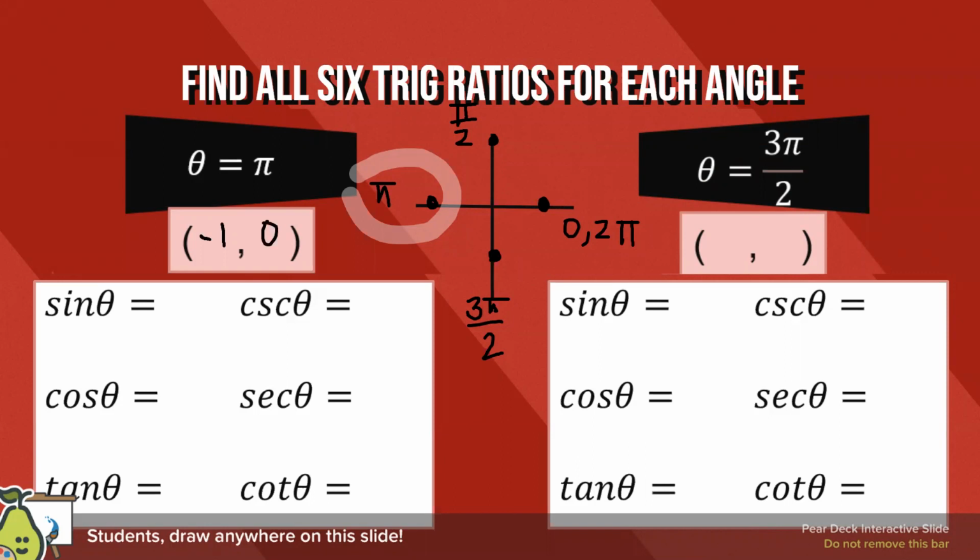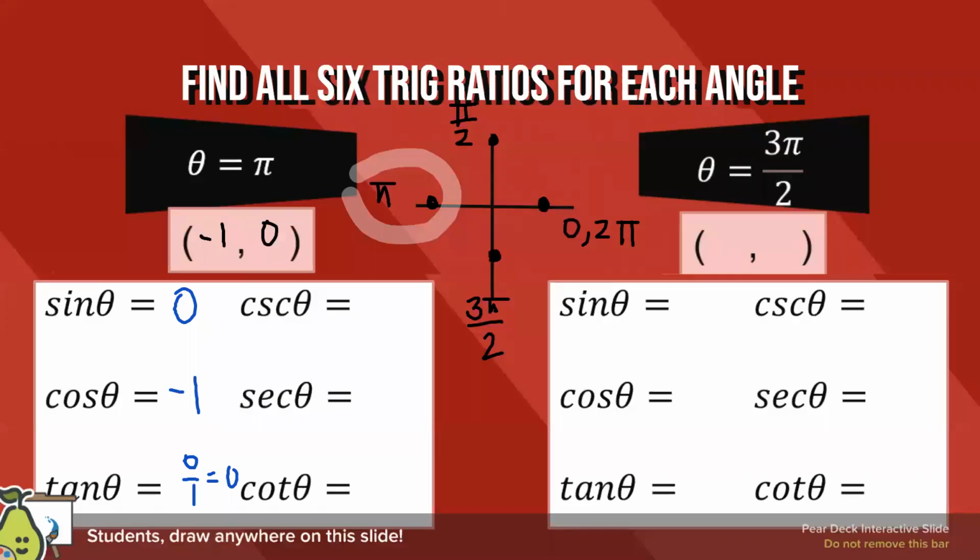So since we have defined sine as the y coordinate, sine is going to become 0. Cosine is the x coordinate, so cosine is -1, and tangent, y over x, is going to become 0 over -1, or just 0.